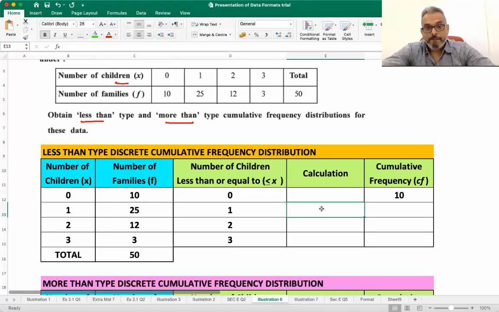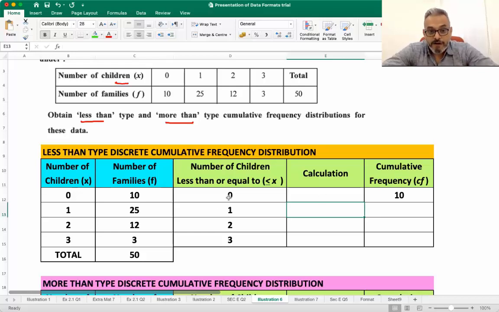If in exam you are asked this question that prepare a cumulative frequency distribution, so always if nothing is given, it is always less than type. But be careful, if in your exam they ask you only cumulative frequency, I would recommend both because we don't know what your teacher is expecting. But generally less than cumulative frequency, nothing is given, means it is less than type.